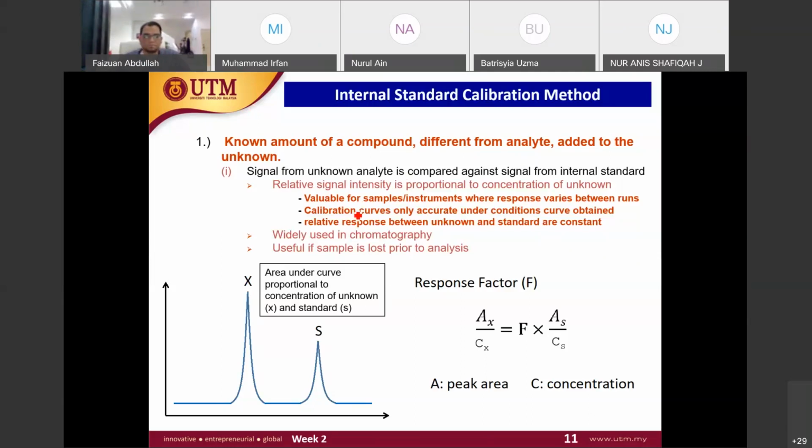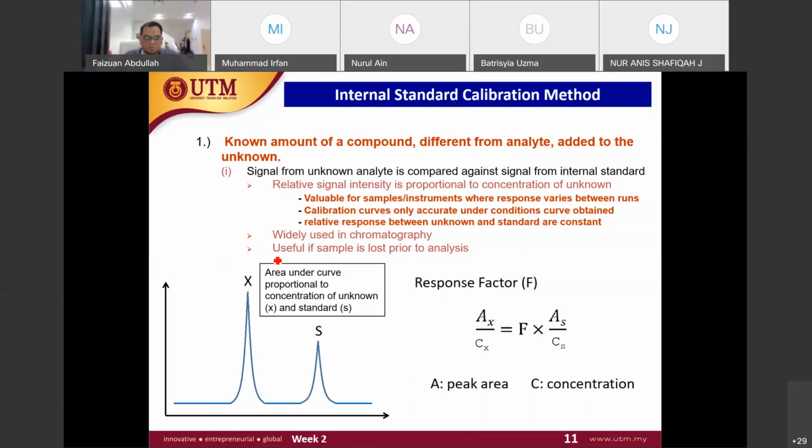This is valuable for samples and instruments where response varies between runs. A calibration curve is only accurate under the conditions the curve was obtained, and the relative response between unknown and standard is constant. It is widely used in chromatography for analysis.